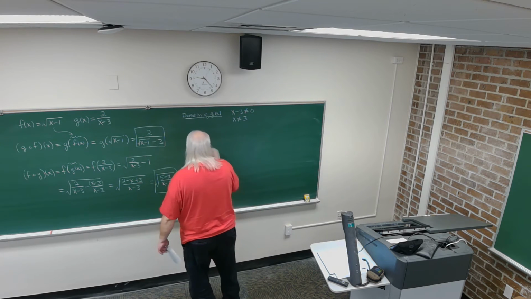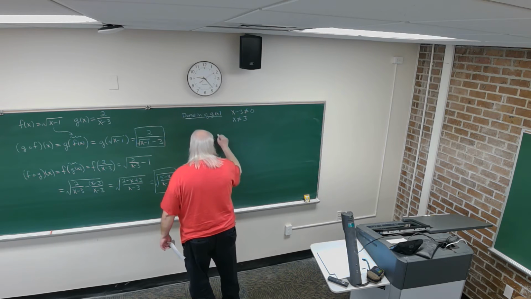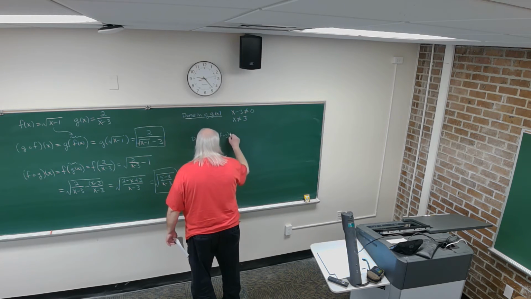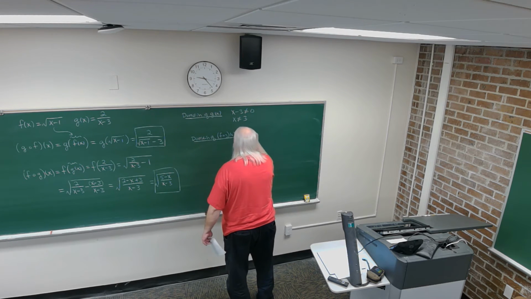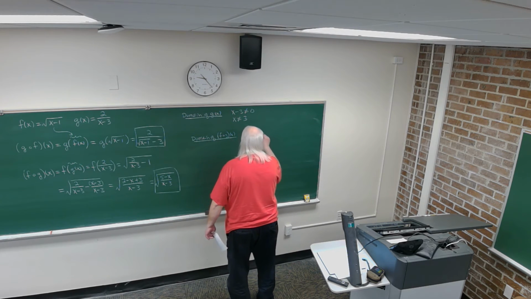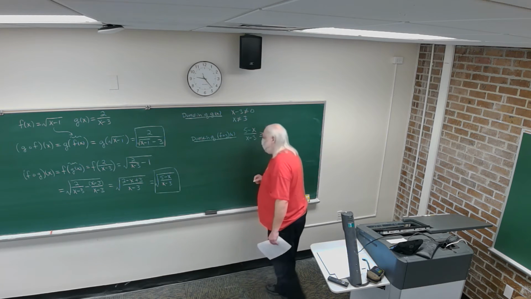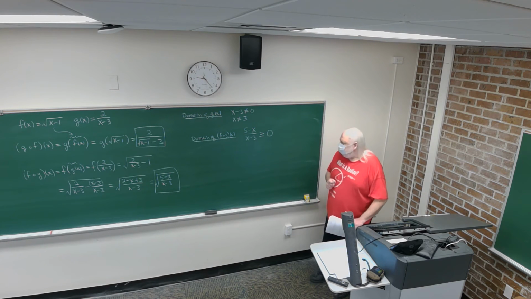So the domain of the composite function requires that the radicand 5 minus x over x minus 3 be greater than or equal to 0. If the radicand is less than 0, then we're taking the square root of a negative number, which is imaginary, not a real number. We're only interested in the real values for our function.